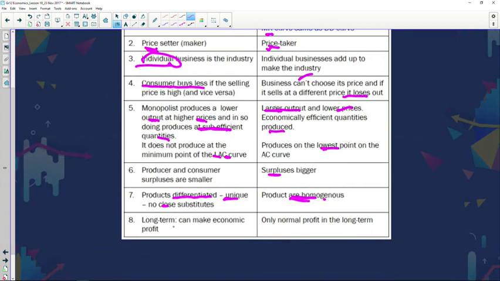Over the long term a monopoly can make economic profit, and only normal profit in the long run for the perfect market. Because they are the only ones offering that particular service, whereas over here you can have new businesses coming into the market to offer the same identical product, and supply can be increased because more businesses are allowed to come into the market space.